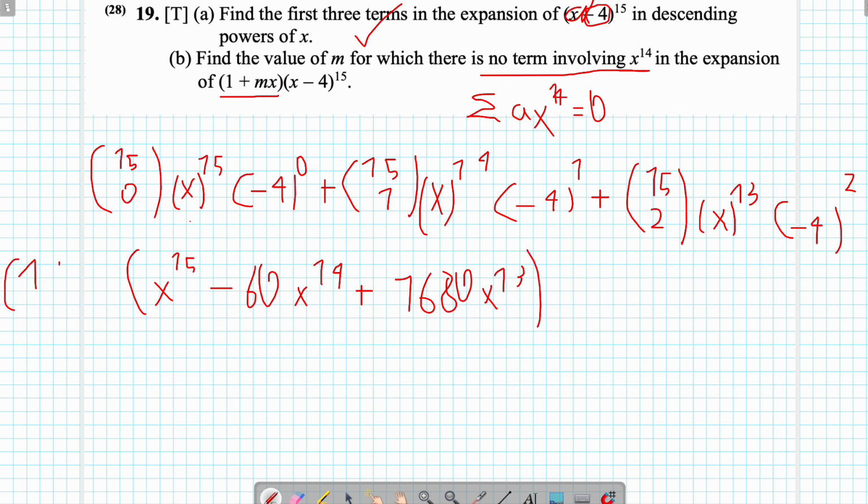Now, what turns into x to the 14 after distributing? So x to the 15, we ignore it, and then we distribute 1 to the negative 60x to the 14.